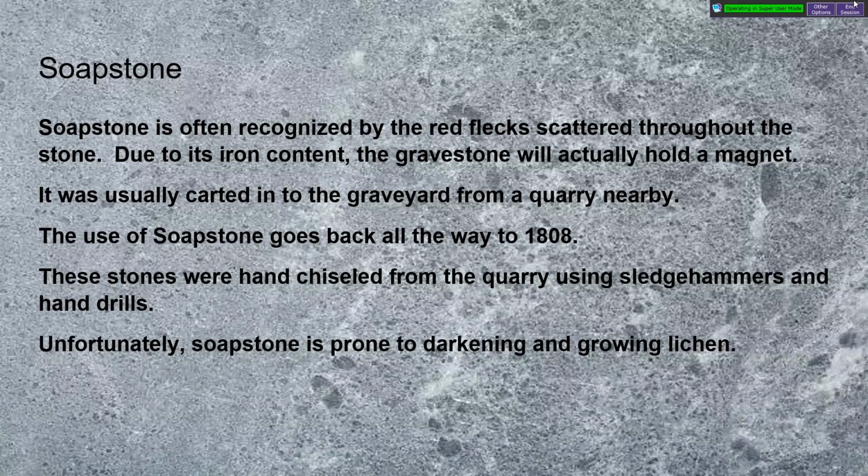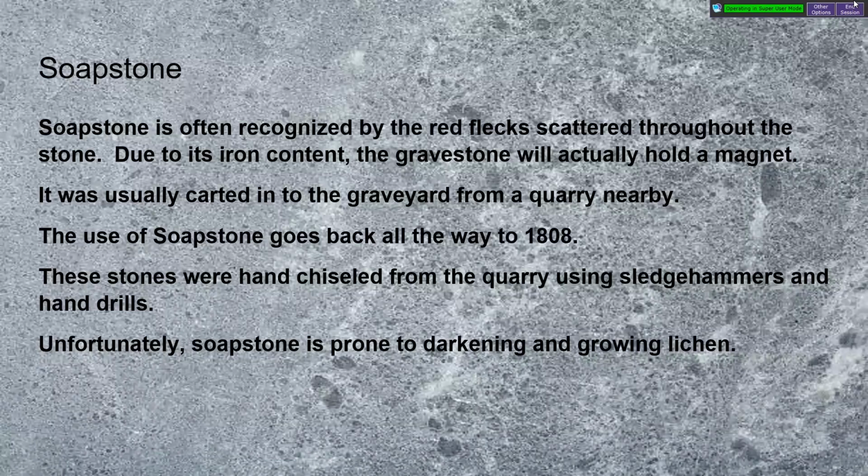All right. So soapstone, and it's not a good picture on here, but you'll recognize it by the little red flecks that are scattered throughout it. It has an iron content, so if you have a magnet and you put it on a soapstone, the magnet will stick. It's not real common here in Wisconsin. It was usually carried from a quarry nearby.